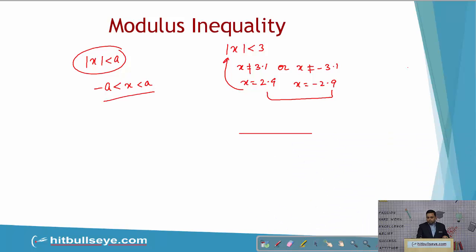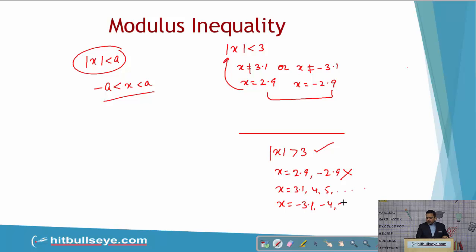Further, if we take mod x greater than 3, we can see that x equal to 2.9 or minus 2.9 are not in the solution set, but x equal to 3.1, 4, 5, all these points are solutions to this inequality, as well as x equal to minus 3.1, minus 4, minus 5.